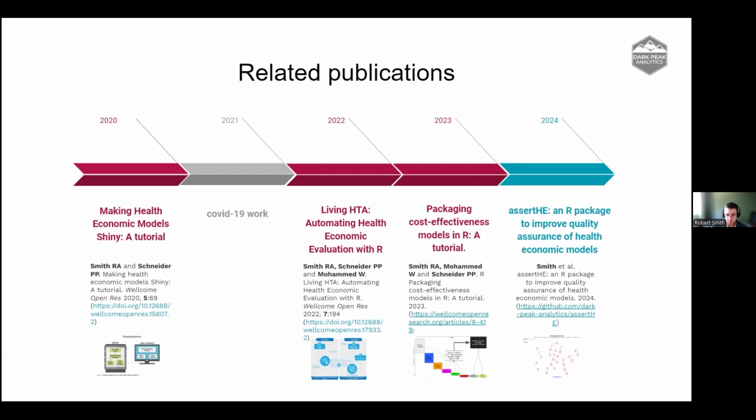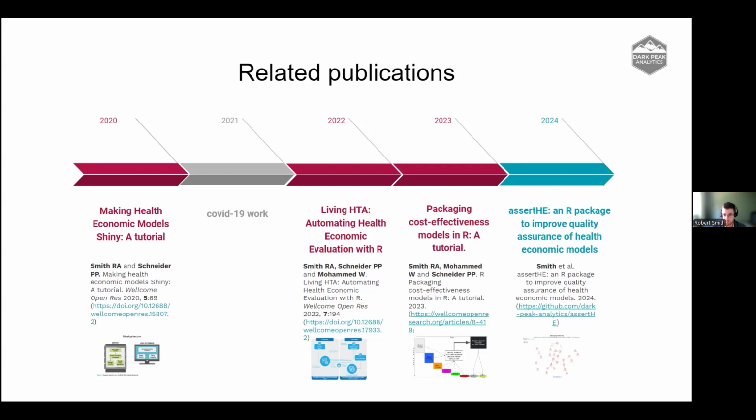And then the third topic will be packaging cost effectiveness models, and this is a bit nerdier topic, looking at the best way to build a model in R, and how we can make the ecosystem of algorithms within health economic models easier to share amongst modelers.